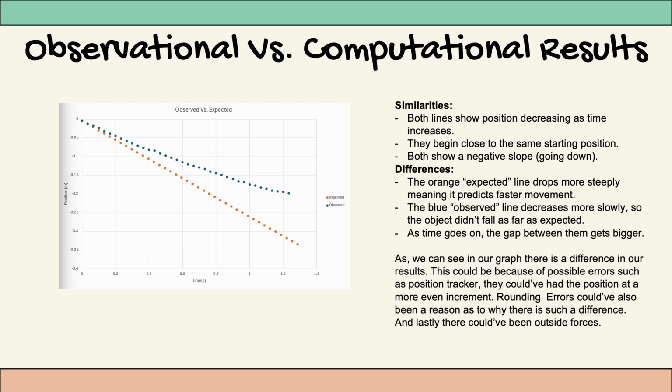Some differences are that the orange expected line drops more steeply, meaning it predicts a faster movement, while the blue one decreases more slowly, so the object didn't fall as far as expected. As time goes on, the gap between them gets bigger. By looking at our graph, we see a difference in our results. This could be from possible errors of position tracking, rounding errors, and outside forces.